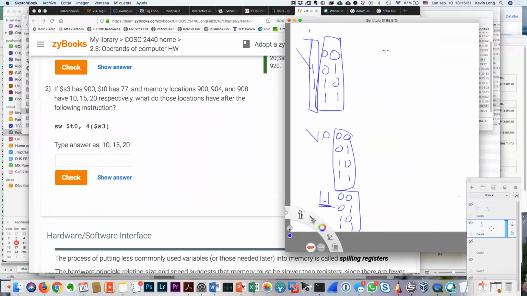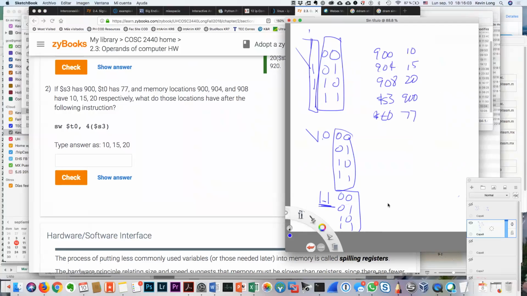So we'll write down memory location 900, 904, thank you, Conrad, for pitching in there. Thank you, Mel, for pitching in, 908. And they have 10, 15, and 20. And we have S3, that's also a memory location, right? It's just a register, it's not in main memory, and it has 900. And T0 has 77. Okay, so far so good.